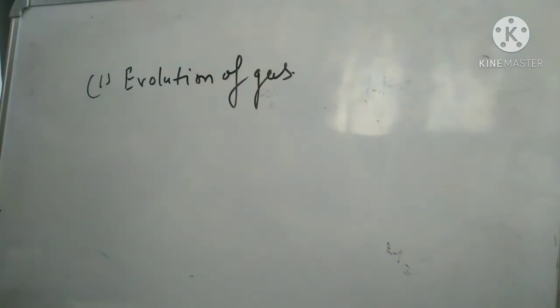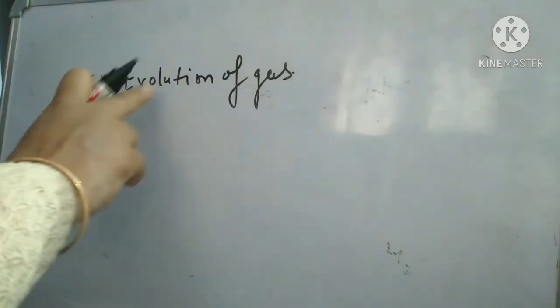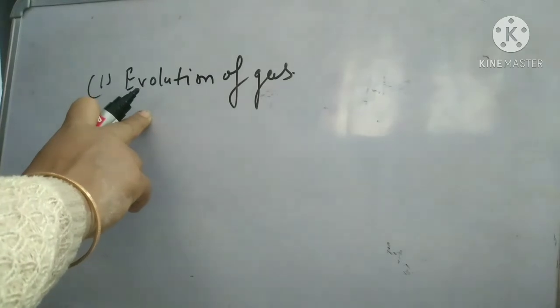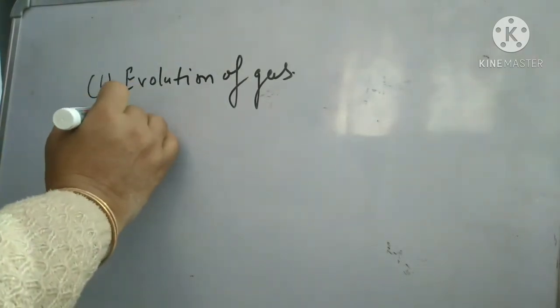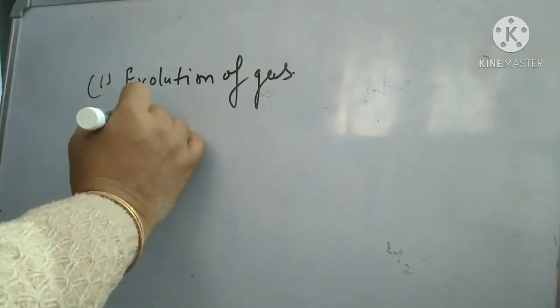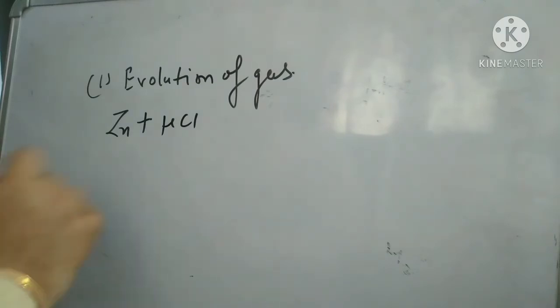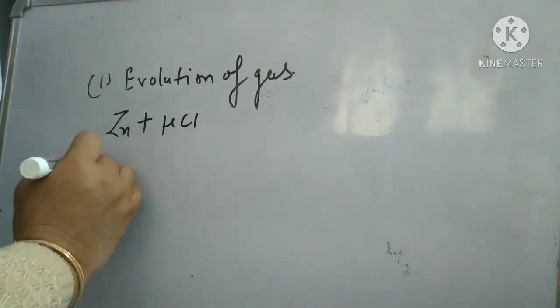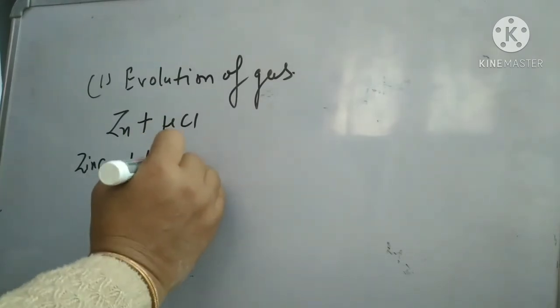In many chemical reactions, a gas evolves. We can take the example of zinc plus hydrochloric acid. This is zinc. Word equation also I am writing, plus hydrochloric acid.